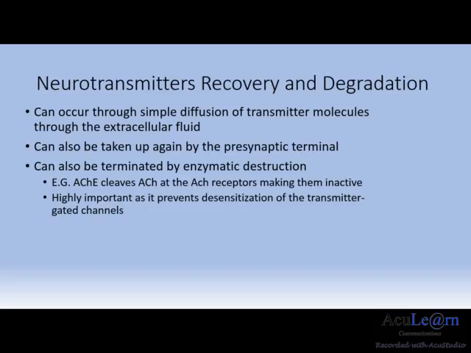This is important because if the removal mechanism is not present, the constant exposure to high amounts of acetylcholine can lead to desensitization of the transmitter-gated channels. This means that even in the presence of acetylcholine, the channels will not open, resulting in failure of neuromuscular transmission.